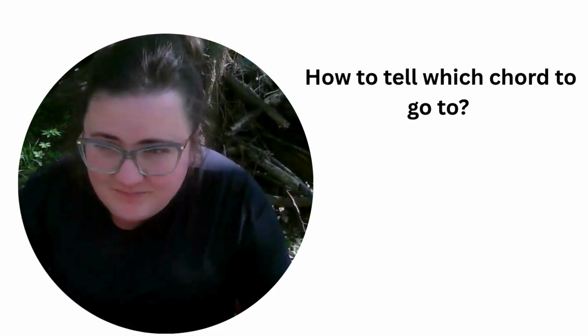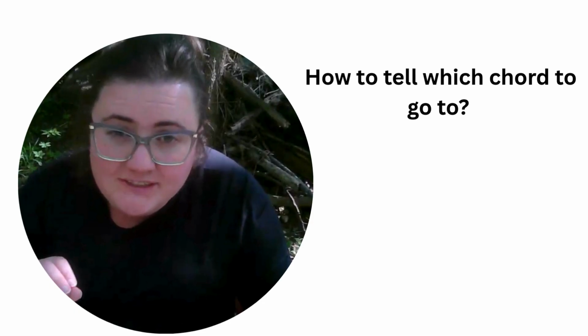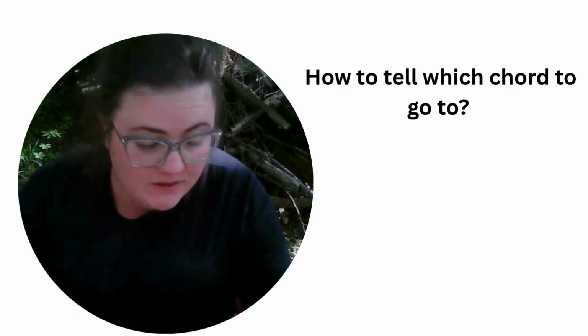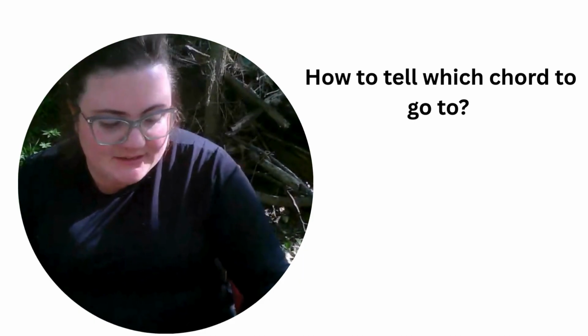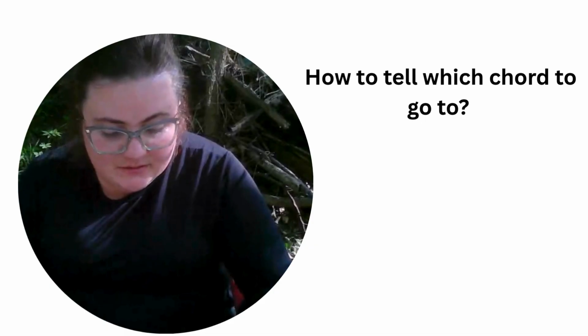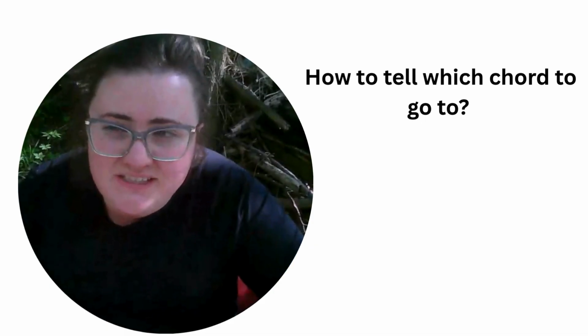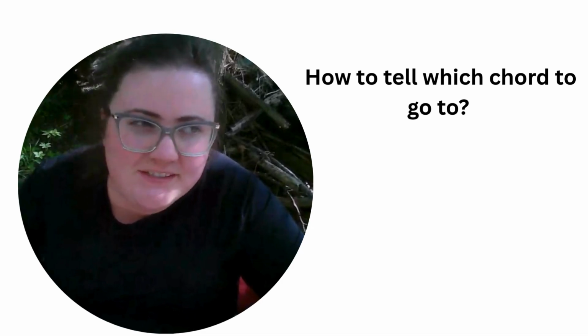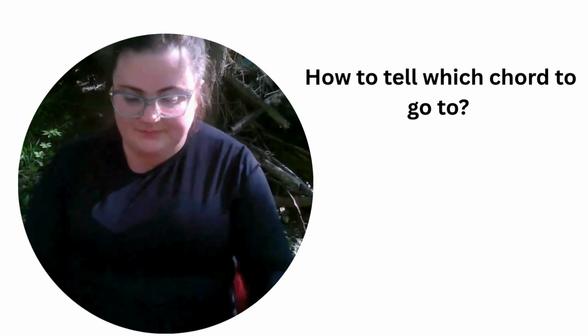Of all of the chords in the key of C, which chords have E? What are my choices? C has an E in it. A minor has an E in it. That's it. Those are our two choices. So now we decide if it's C or A minor.